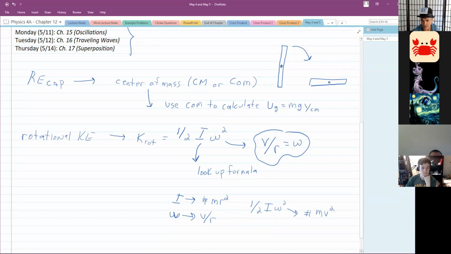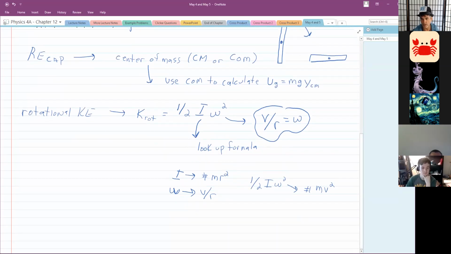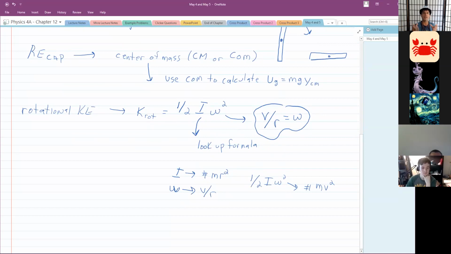And then we talked about kinetic energy of rolling. A rolling object is a combination of just the center of mass moving through space, which has kinetic energy 1/2 mv squared, plus just the rotation about the center of mass, 1/2 I omega squared. So if I have an object which is rolling, it has both forms of kinetic energy.